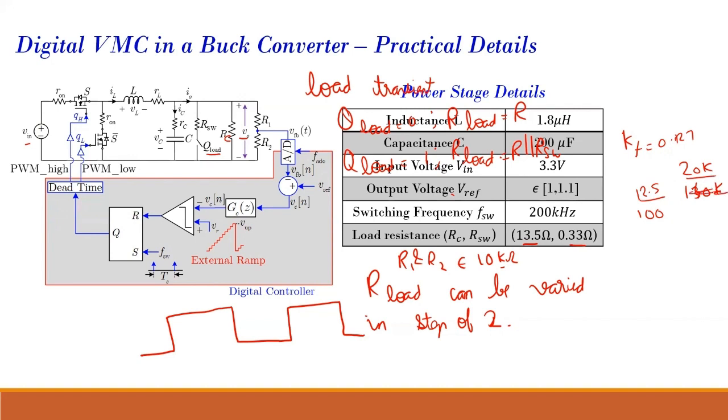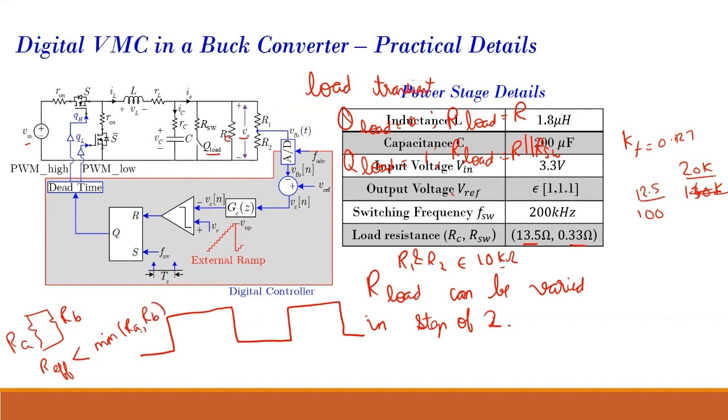So this R1 and R2 will be in the range of kilo ohm, much greater than load RC and RSW. If you know for resistors in parallel, when there are two resistors in parallel, let us say RA and RB, your R effective will always be less than the minimum of RA, RB.